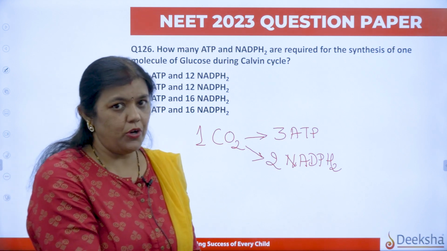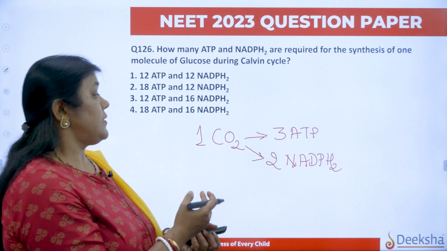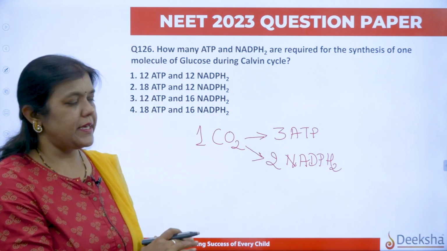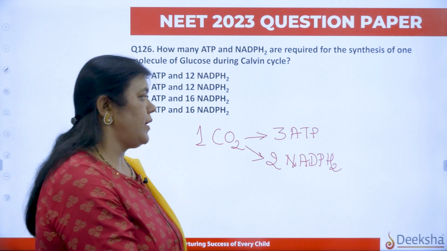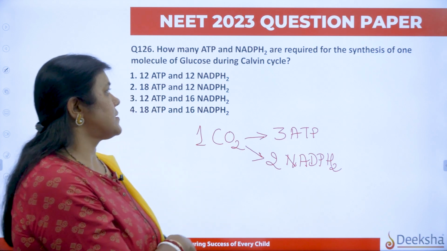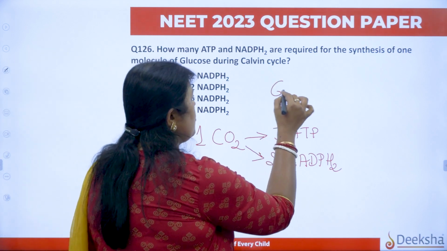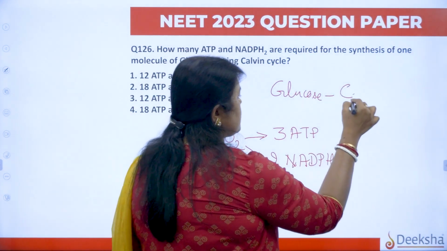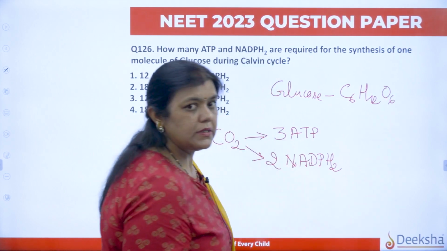One molecule of carbon dioxide needs 3 molecules of ATP and 2 molecules of NADPH2, right, for the Calvin cycle. Now the question is, how many ATP and NADPH2 are required to synthesize glucose? How many carbons are there in glucose, my dear children? You know that glucose is a hexose, so it is C6H12O6.